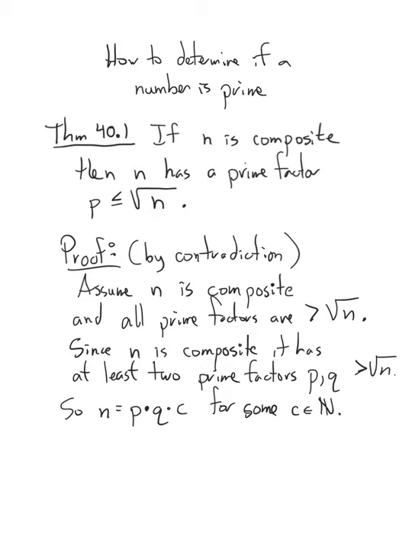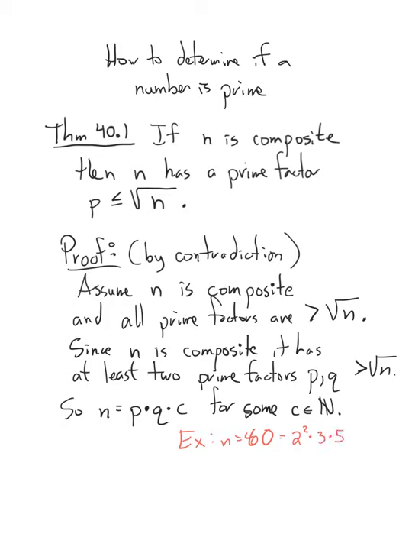And just to be clear, as a quick example, if n was 60, well, 60 is 2 times 30, or 6 times 10, so that's 2 squared times 3 times 5.